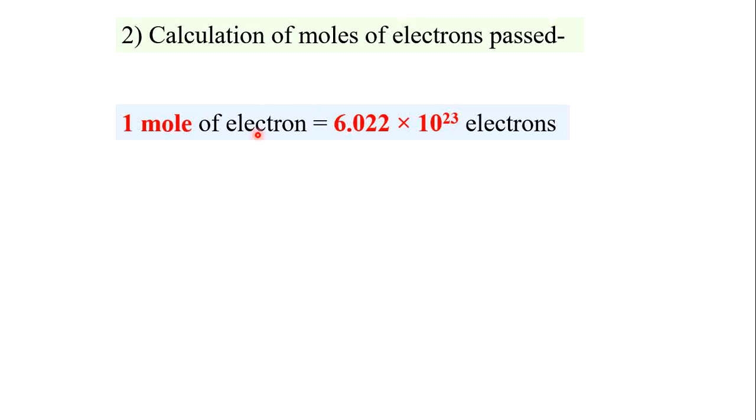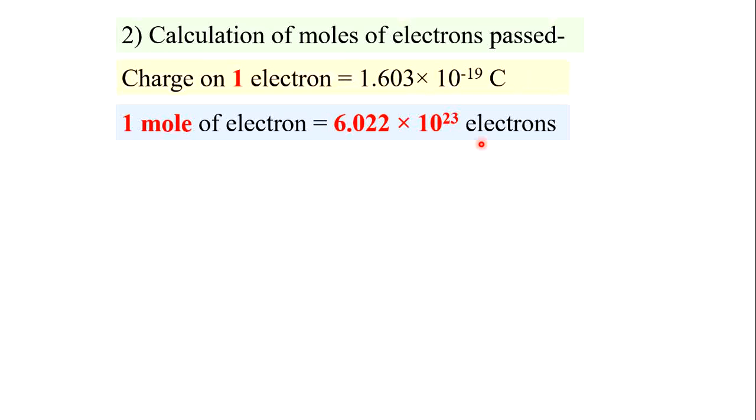So 1 mole of electrons is equal to how many electrons? 6.022 into 10 raised to 23 electrons, that is Avogadro's number of electrons. And the charge on 1 electron is equal to how many coulombs? 1.603 into 10 raised to minus 19 coulombs. This much charge is present on 1 electron.